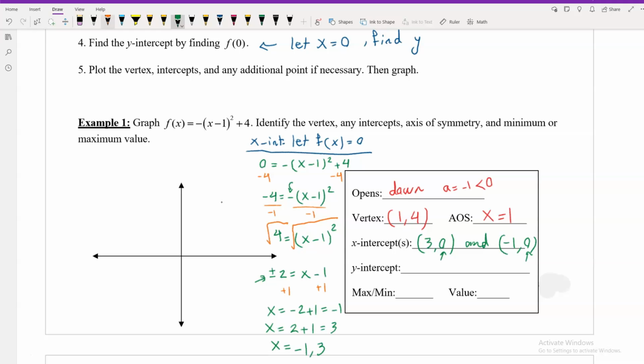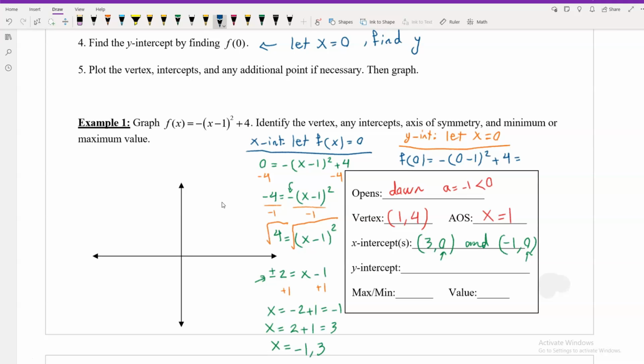And the y-intercept is when x is 0, and then we solve for y. So that means we have to find f(0), that is negative (0 minus 1) squared plus 4.